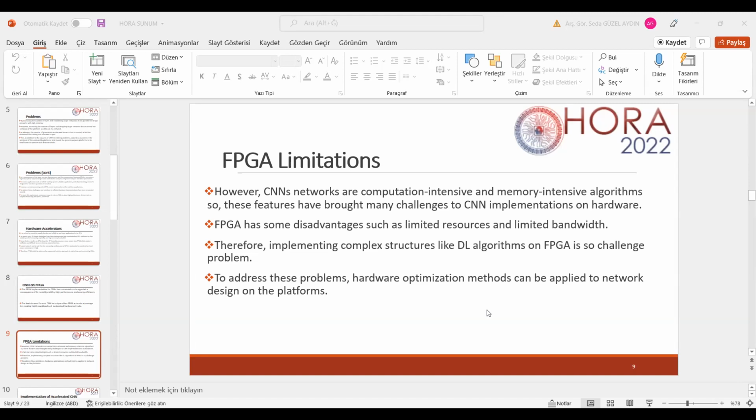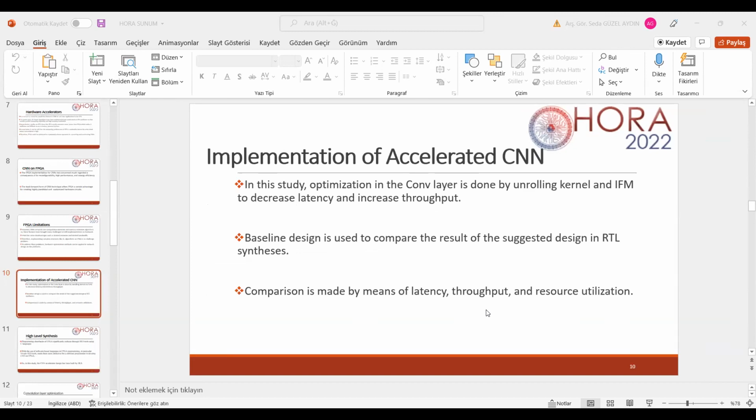FPGAs have some disadvantages such as limited resources and limited bandwidth. Therefore, implementing a complex structure like a deep learning algorithm on FPGA is a challenging problem. To address this problem, hardware optimization methods can be applied to the network. In our implementation, we optimize the convolutional layers by unrolling the kernel and input feature map to decrease latency and increase throughput.